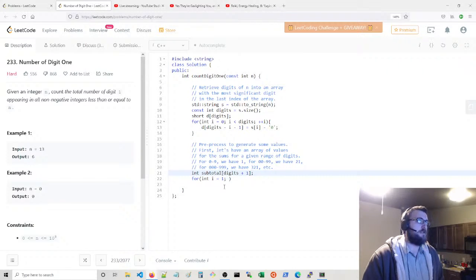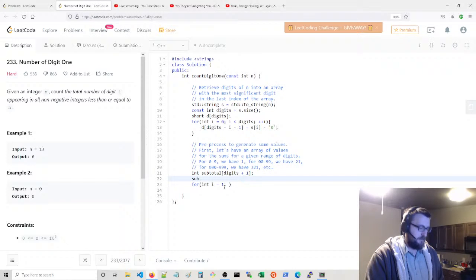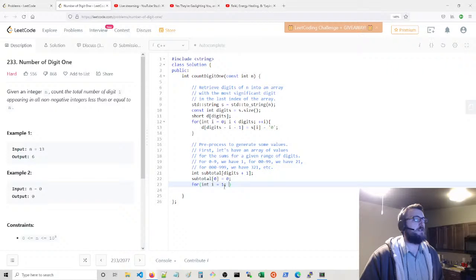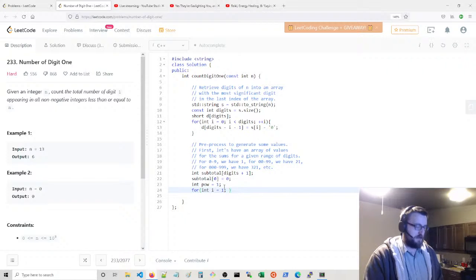And we could do it this way, equals 0. So these 0 digits is going to be 0. We're going to have int pow equals 1. And we're going to say digits, I is less than digits plus 1, or less than or equal to digits.